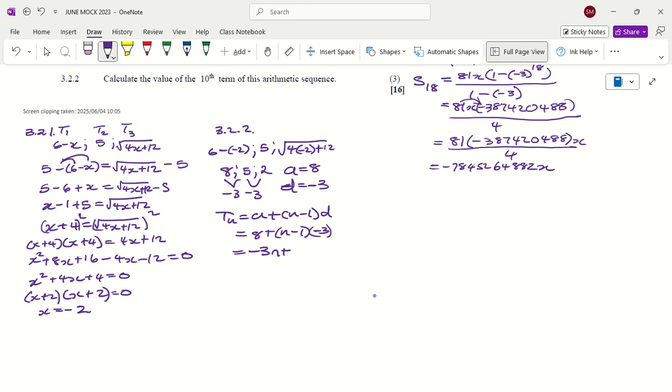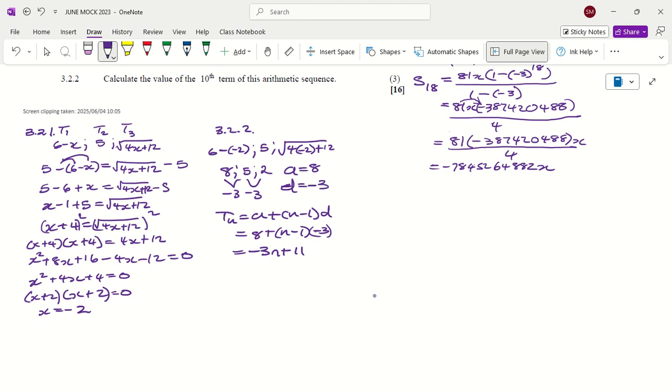Positive 3, right? Then now we add positive 3 to 8, it becomes 11. Then this is the nth term, right? Okay, sharp.